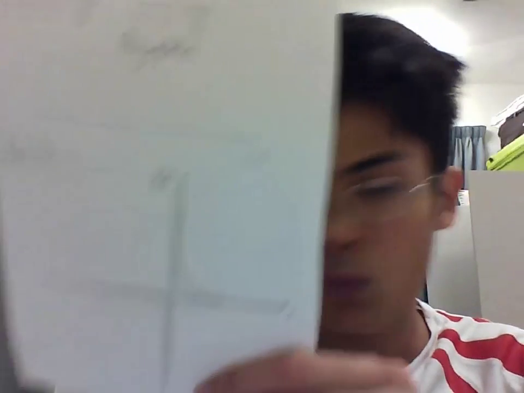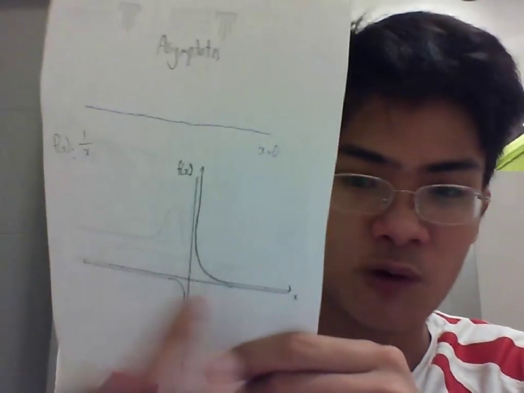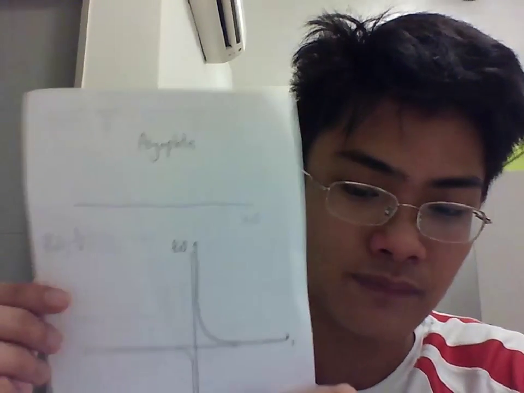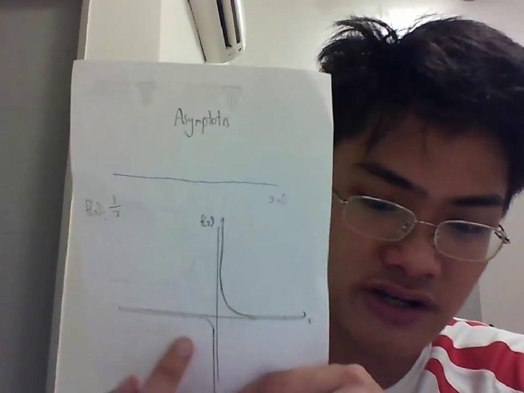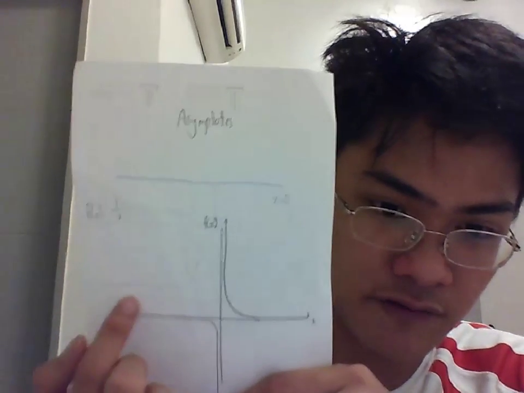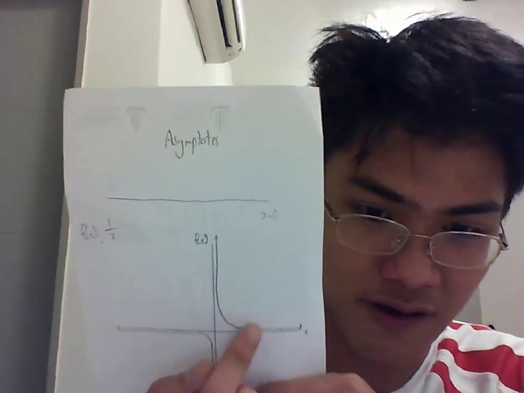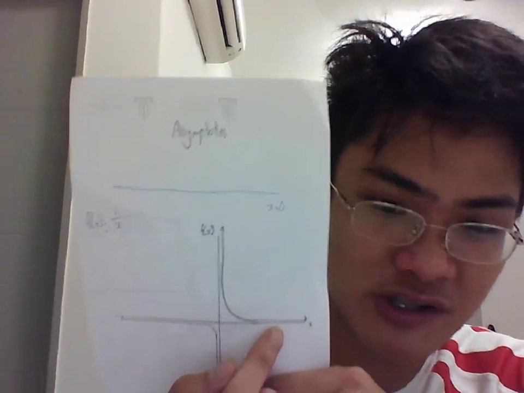Okay, now what about horizontal asymptotes? Again, horizontal asymptotes, they are just horizontal. They're still asymptotes, which means it's the line in which the distance between the curve and the line approaches 0.